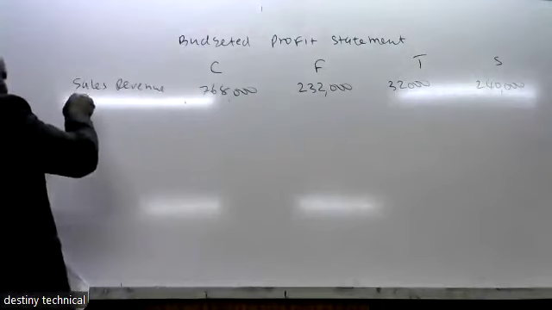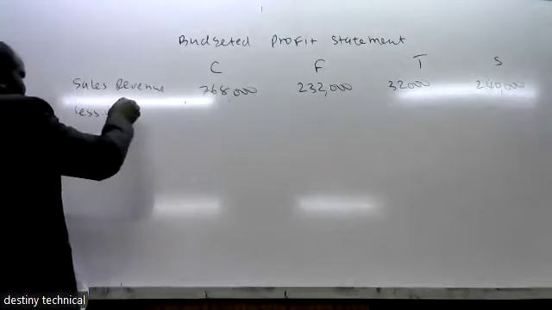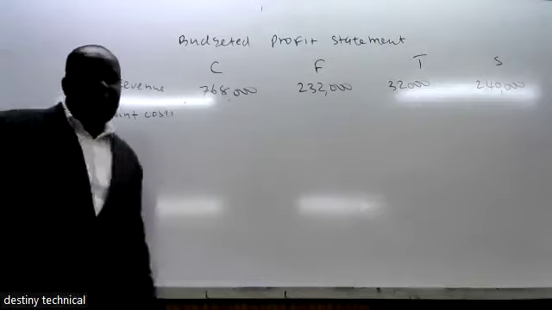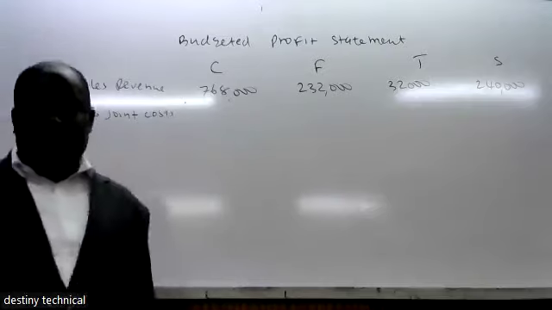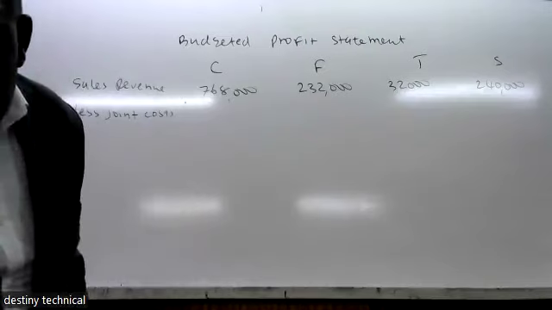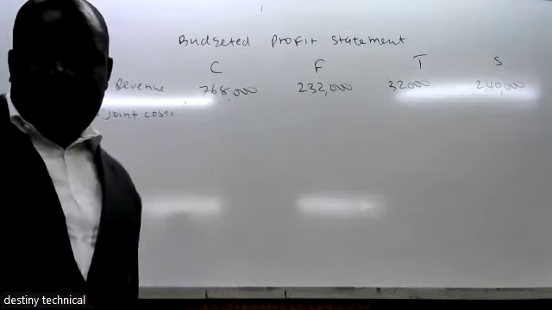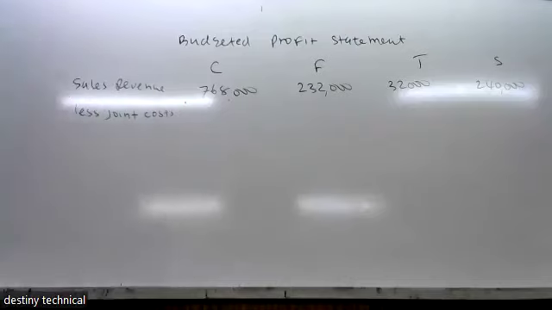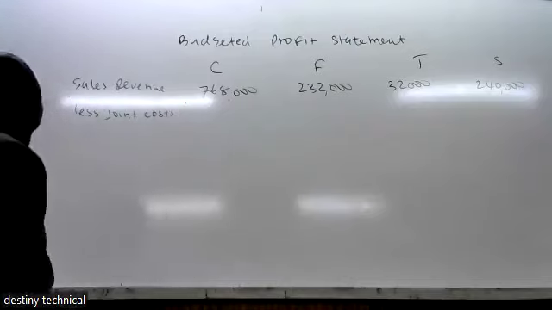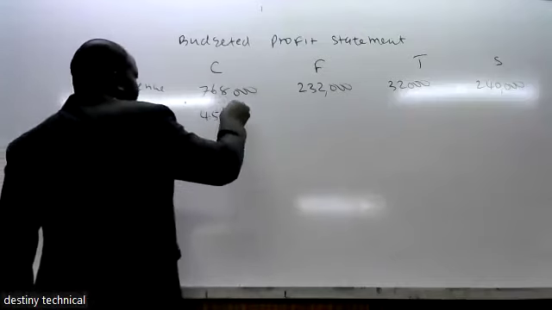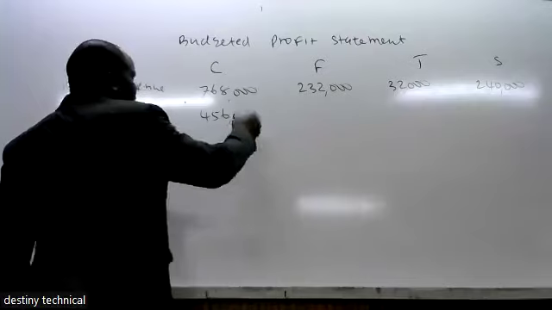the joint costs. We minus the joint costs. So C, it was how much? So C, I've seen 456,000.